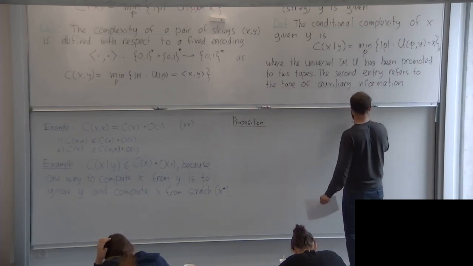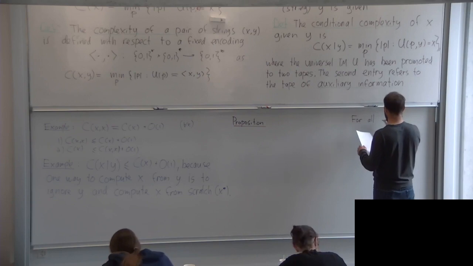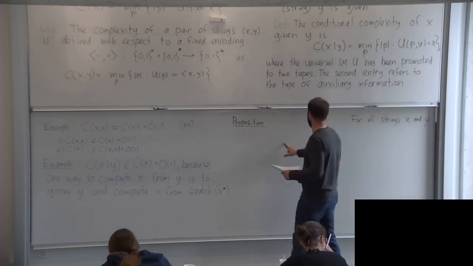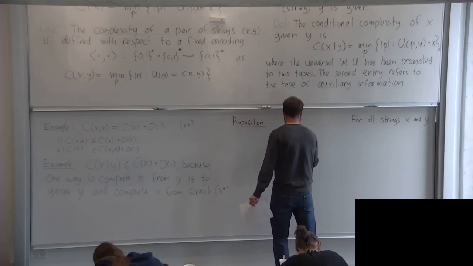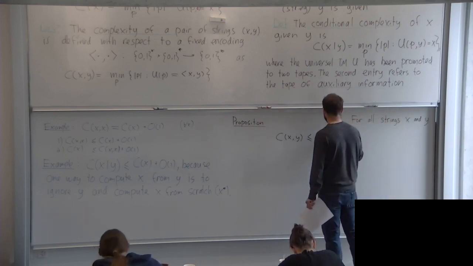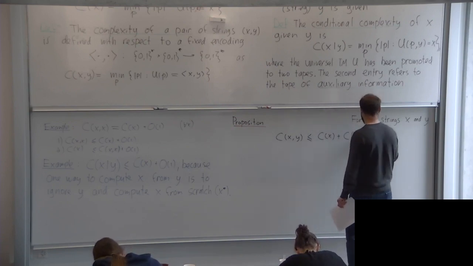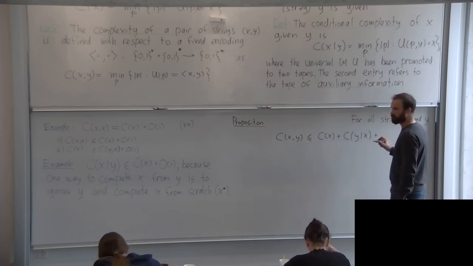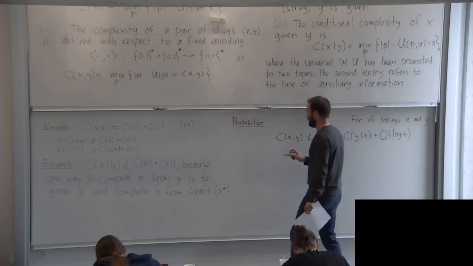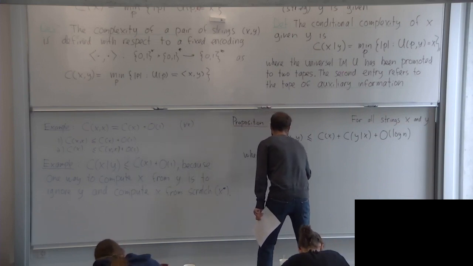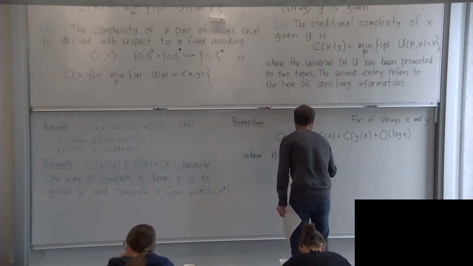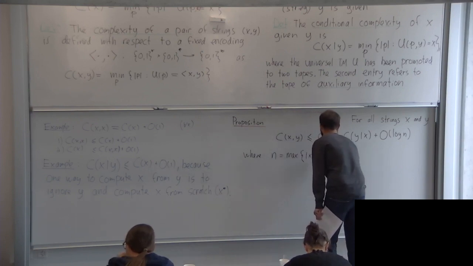For all strings x and y, the following holds: C of xy is smaller or equal to C of x plus C of y given x, plus an error term which is order of log n, where n is equal to the max of either the length of x or the length of y.